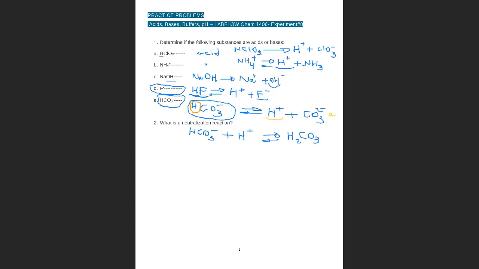For this equation, since it can accept an H plus, it can react and combine, then it's a base. So what do we discover? That it can be an acid or a base, both. It can release an H or it can accept an H. So it is both. Very good. And then the question number 2, any questions here?